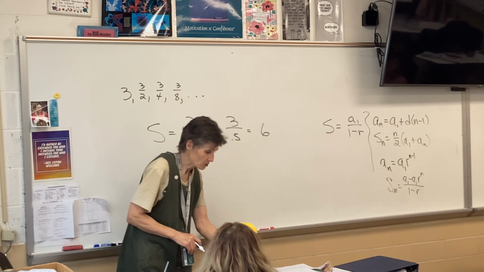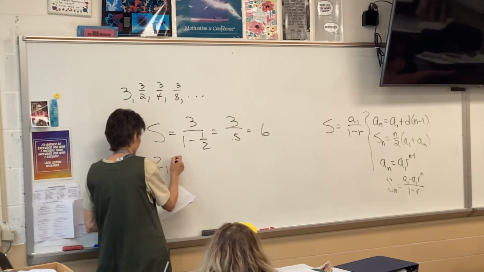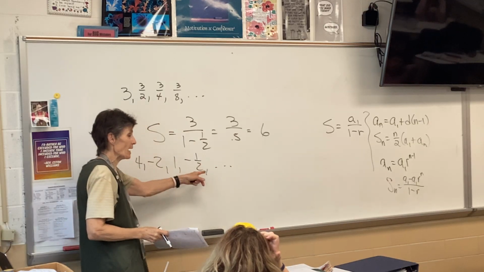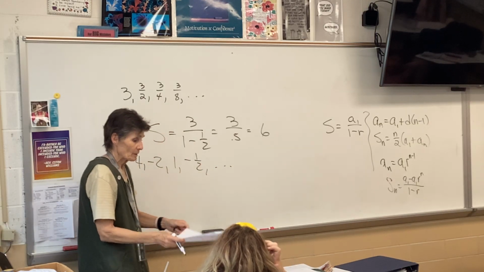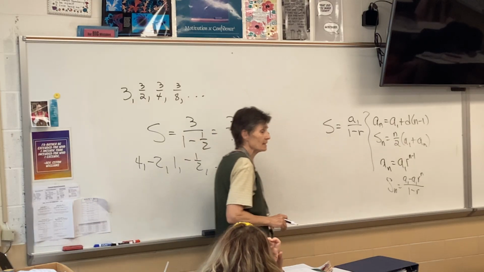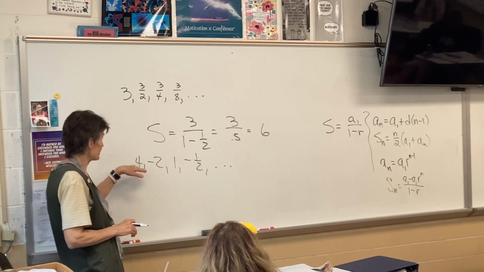All right, let's look at the next one. Remember, when it's dot, dot, dot, when you're adding an infinite thing, notice it's just S, no N. When you're adding an infinite thing, it has to be geometric. So, is this geometric?